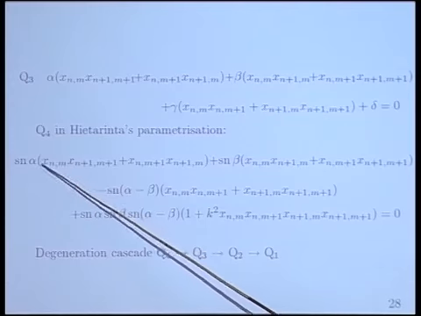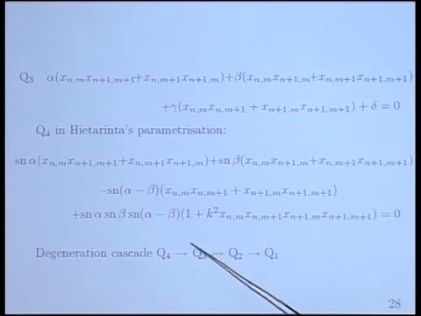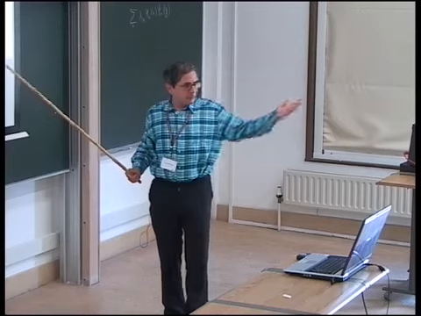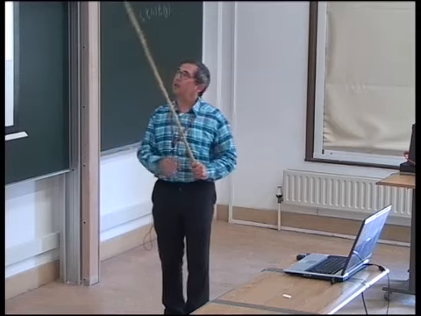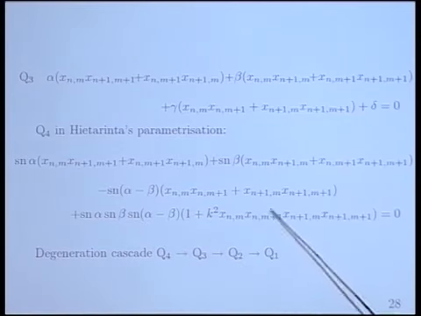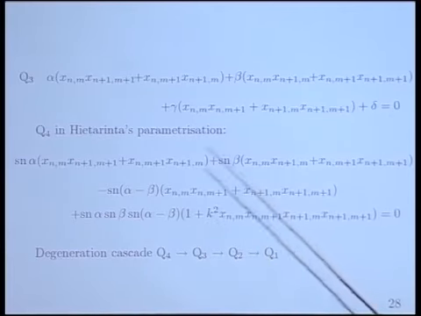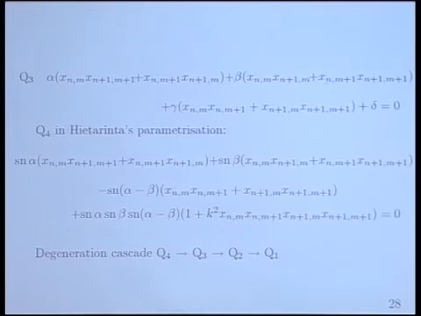So I'm not saying that if I put A, B, C, D, E, I can solve it for those values, but I multiply by global factors. There will always be a k squared such that, up to a global factor, I can write it like this. Just count how many equations and how many unknowns you have. You can always write it like this for any prefactors. So anyway, those four equations follow a degeneration cascade.